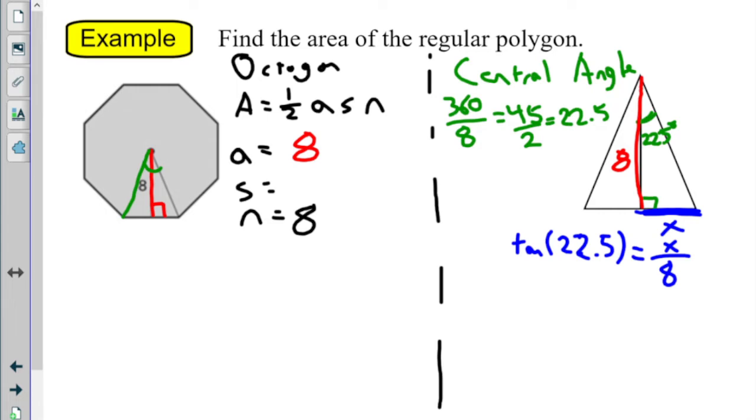To get rid of our fraction, we're going to multiply by 8. So our 8's cancel, no more fraction. Is x by itself? All right, x is by itself, so we have it solved for.